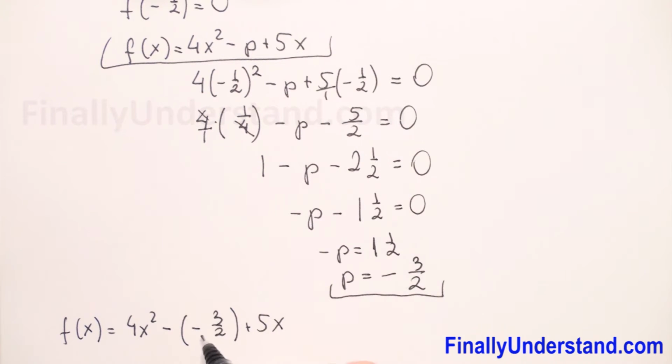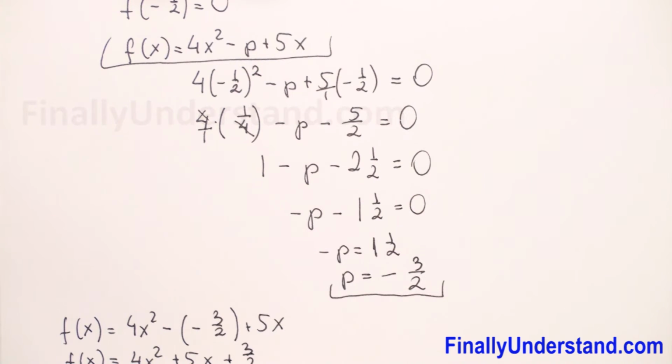So negative and negative give positive. So we have f(x) equal to 4x², and maybe I will write the expression with x from the highest power to the lowest, so it will be plus 5x, and like I said, negative and negative give positive 3 over 2.